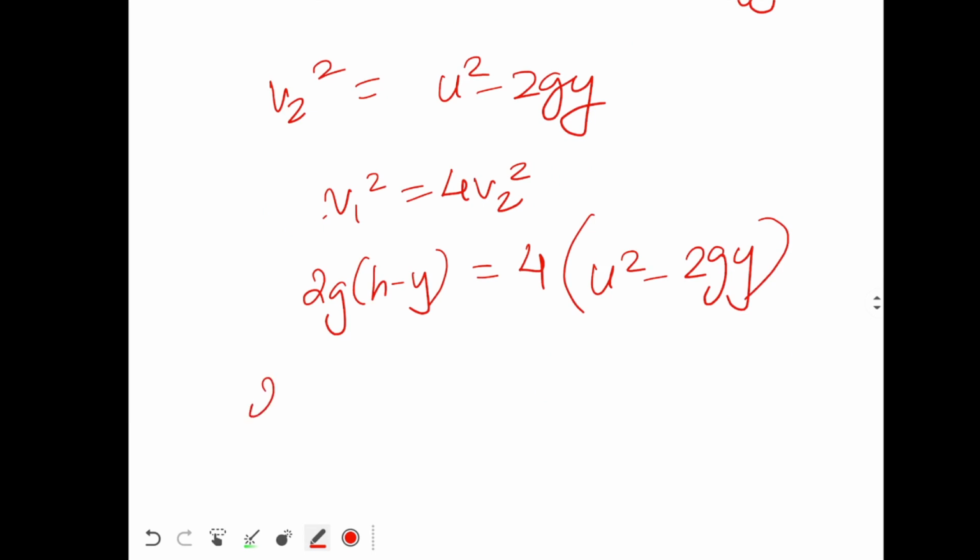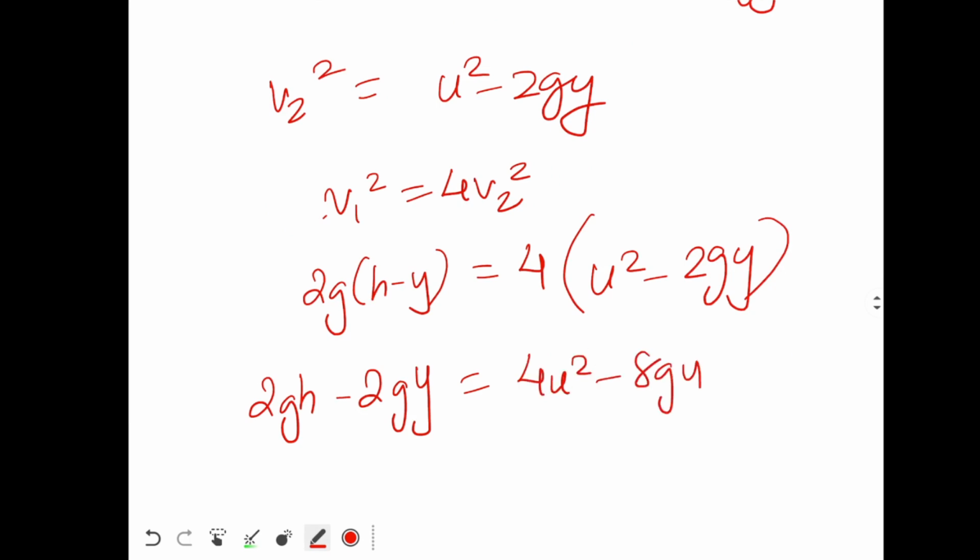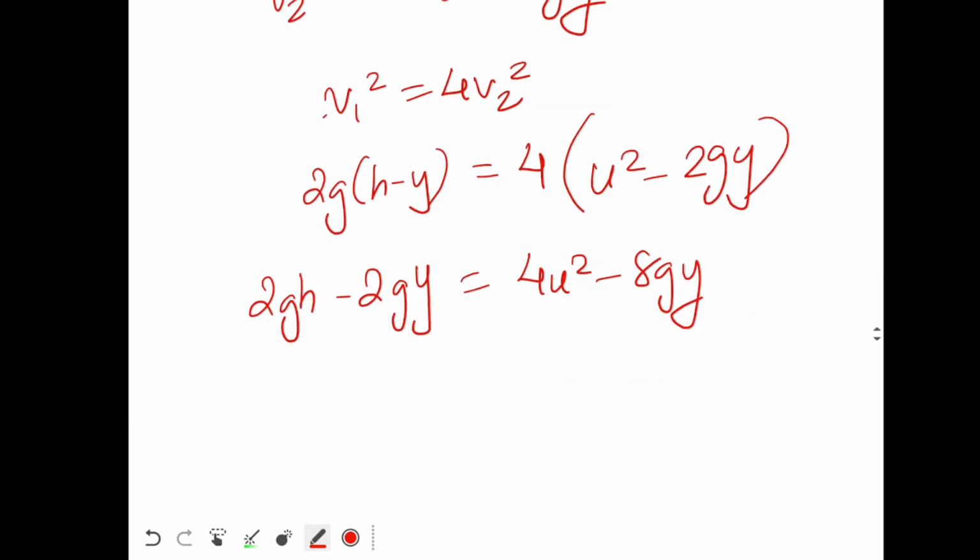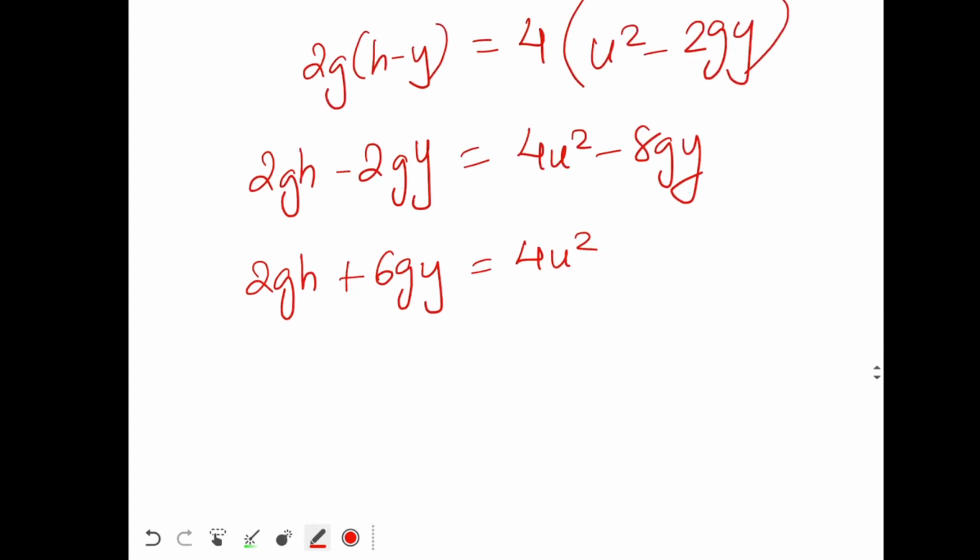So 2gh minus 2gy equal to 4u square minus 8gy, or 2gh plus 6gy is equal to 4u square.